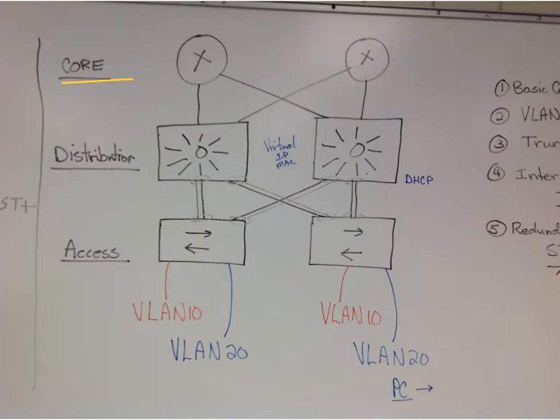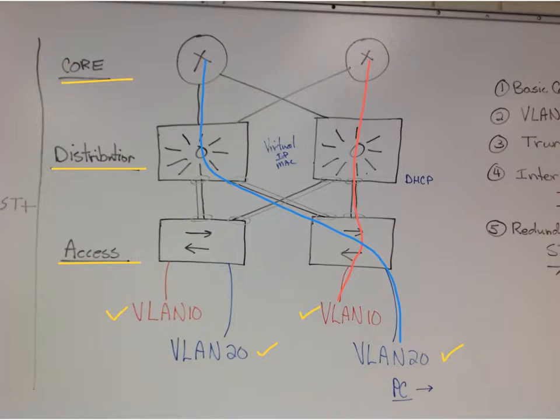For example, here we have the core, distribution, and access layers, and we have a couple of VLANs having access into the network, and we talked about two things. One, a little bit about load balancing, or the ability to have, let's just say, the red VLAN use this switch as its root bridge, and the blue VLAN using this as its route out.